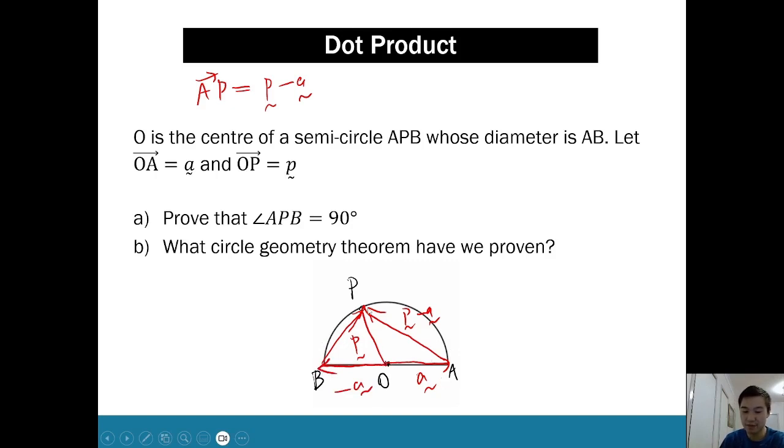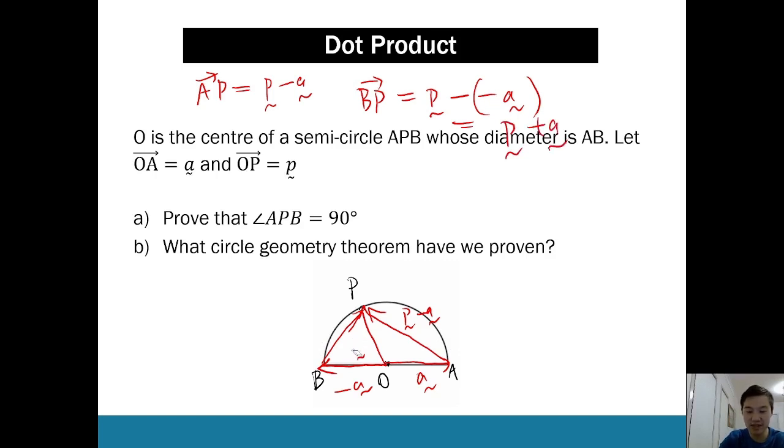So therefore, BP is going to be, using vector subtraction, pointing to P, so BP is equal to P minus OB, which is minus A. So in actuality, BP is going to be vector P plus A.